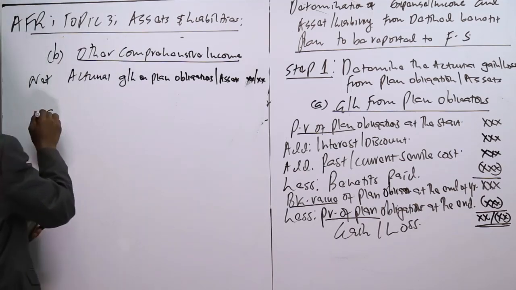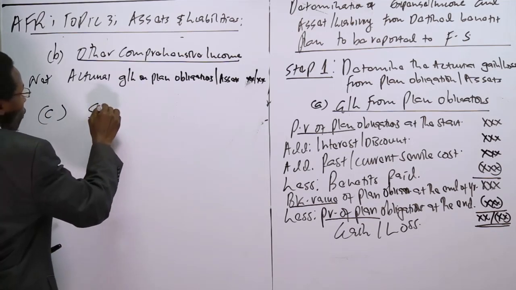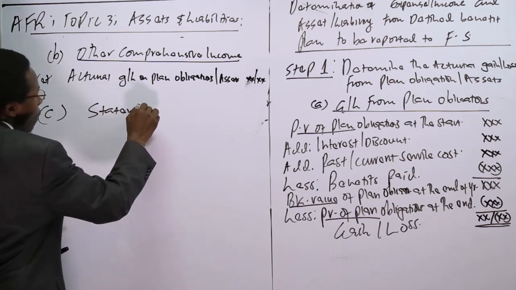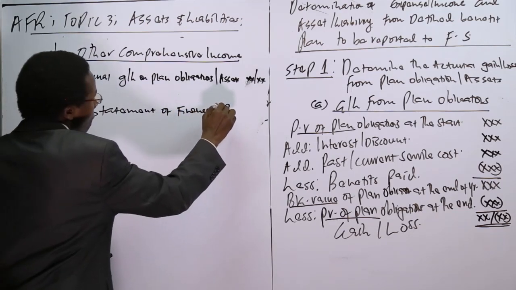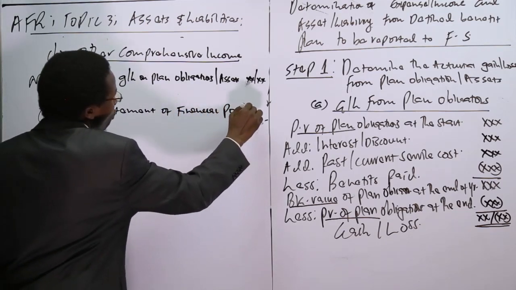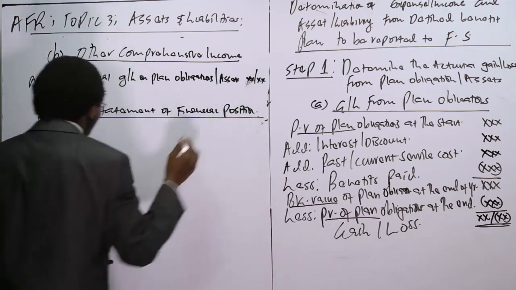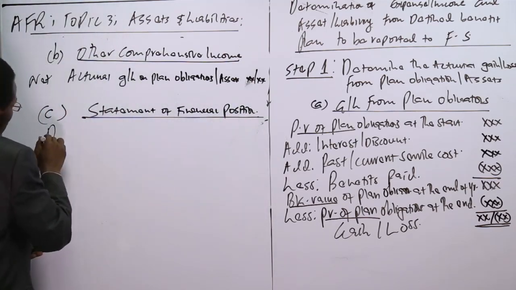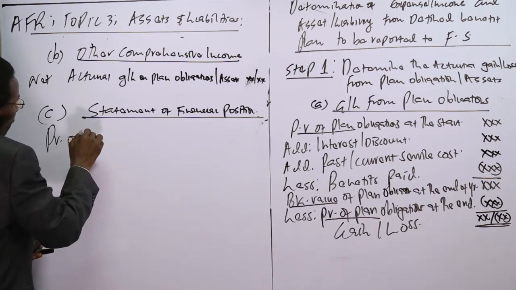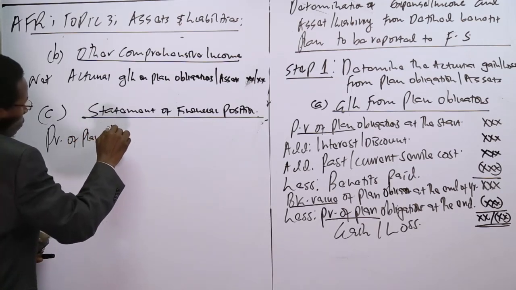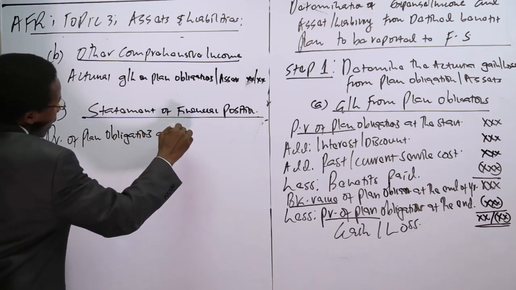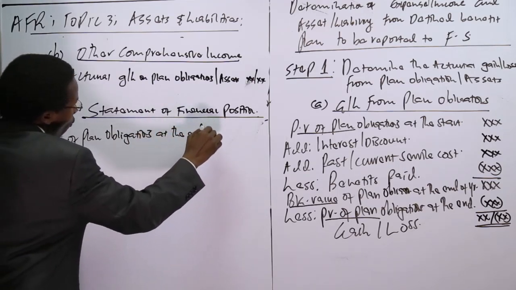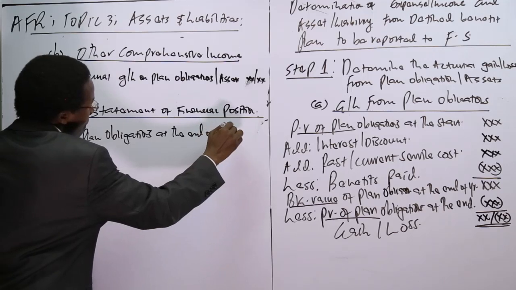Then we also look at another item, the statement of financial position. What do we report in the statement of financial position? We simply bring in the present value of plan obligations at the end of the year.